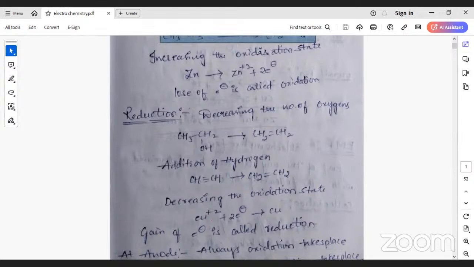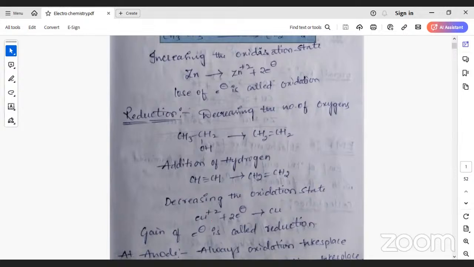Or else, in the next case, both are taken as oxidation potentials. So we'll see what the EMF is. Zn by Zn plus 2 means oxidation.